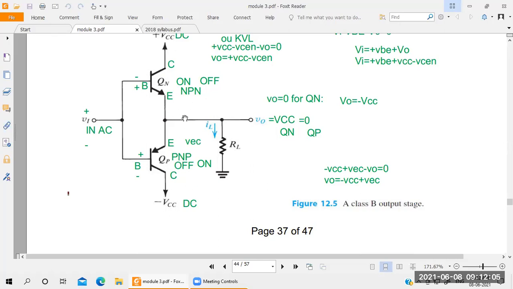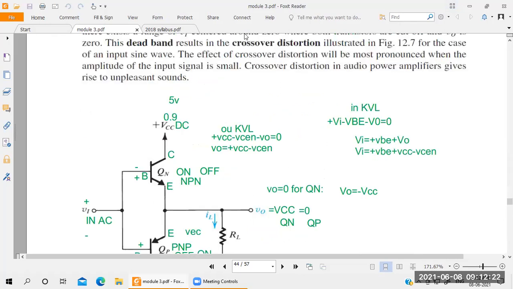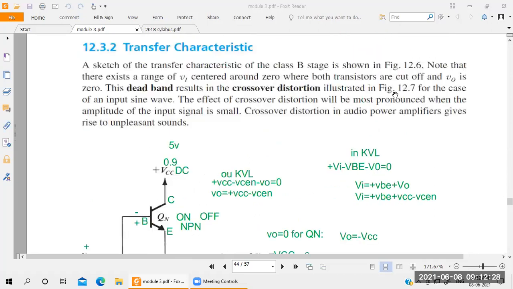There is a delay in switching from NPN to PNP. We want to take the connection from NPN to PNP, and there is some delay here. That is crossover distortion.